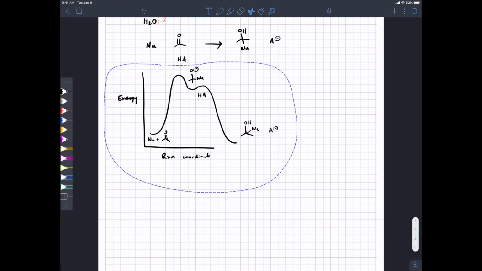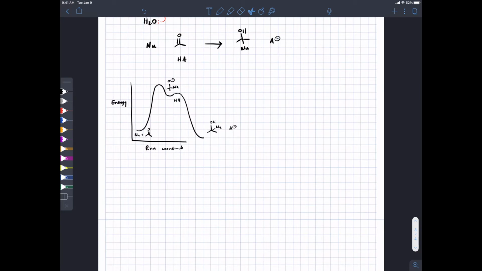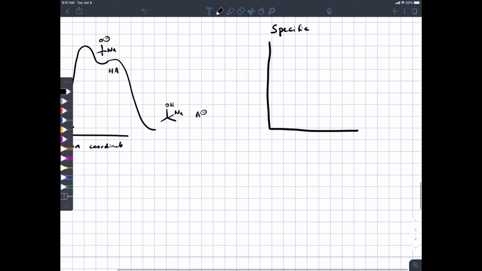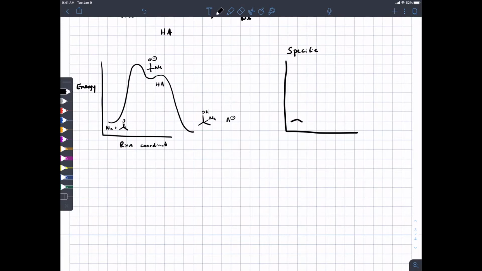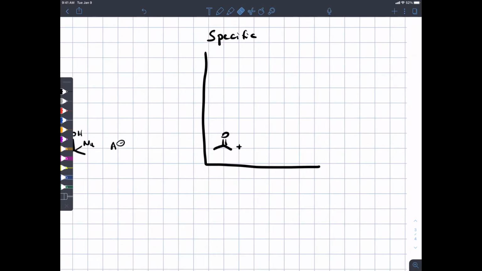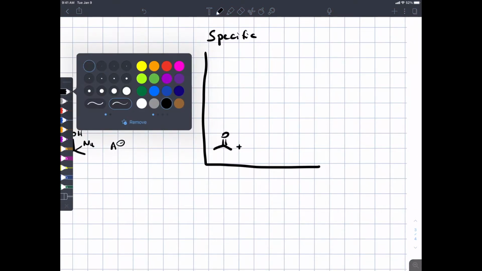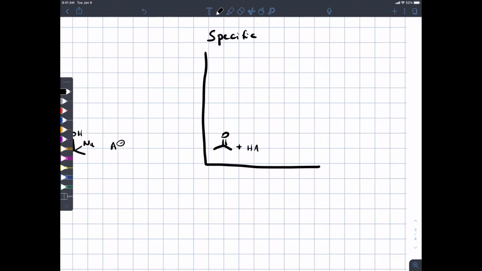You could imagine specific acid catalysis, and in this case you would do proton transfer prior to the rate determining step. What would this look like? Well, you would have your carbonyl compound and you'd have the acid HA. I'm going to zoom in, and it's a thinner line.